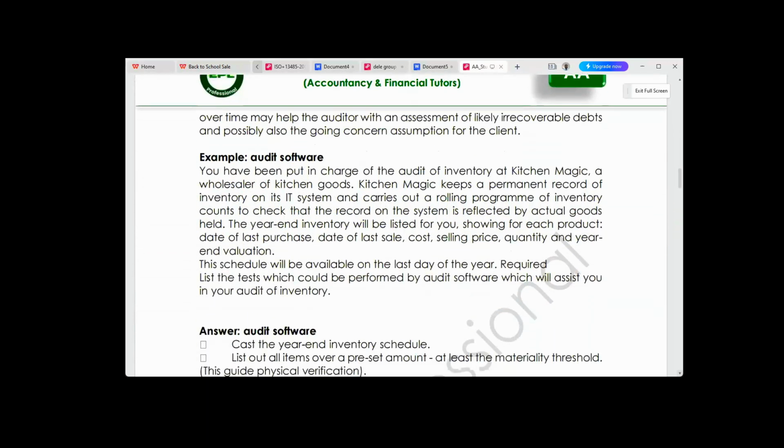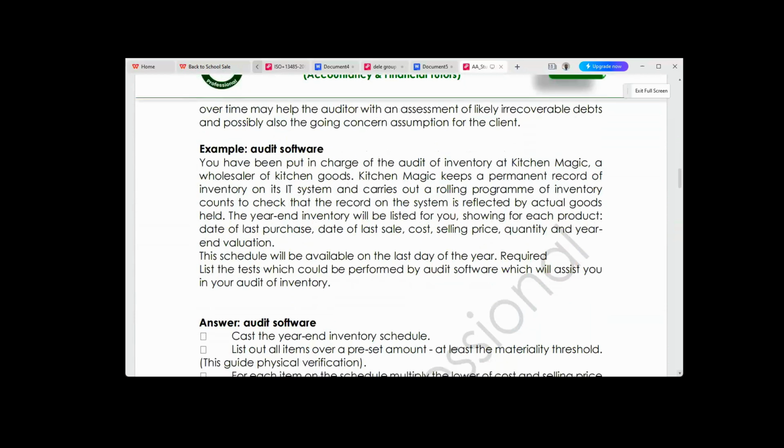Then you have a similar question here that will help us understand better. They said that you have been in charge of the audit of inventory of Kitchen Magic, a wholesaler of kitchen goods. Kitchen Magic keeps a permanent record of inventory on its IT system and carries out a running program of inventory counts to check that the record on the system is reflected by actual goods held.